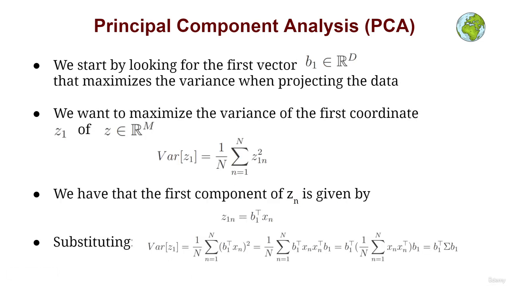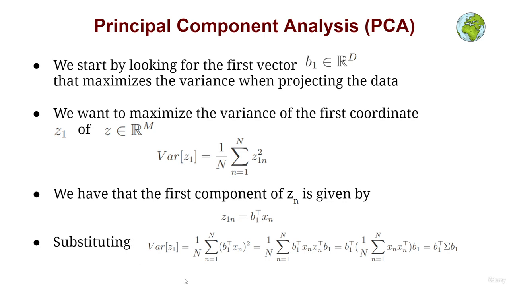So we start by looking for the first vector B1 that belongs to the set of dimensions D, such that it maximizes the variance when projecting the data. So when looking for this first vector B1, we want to maximize the variance of the first coordinate Z1, where the variance of Z1 is defined like so.